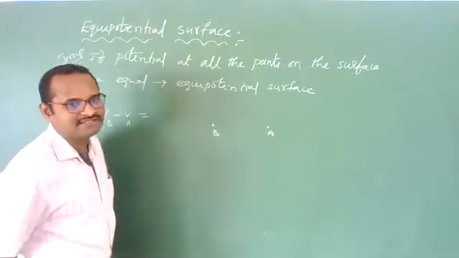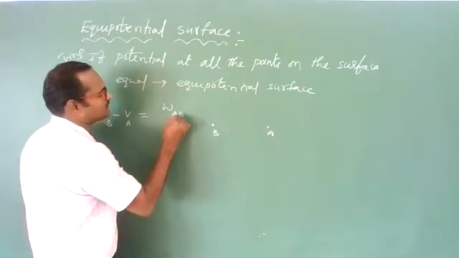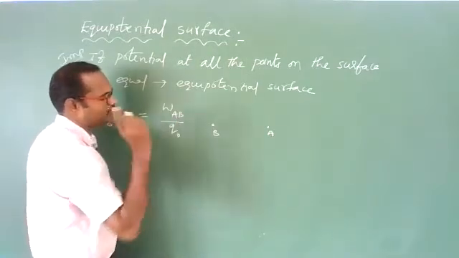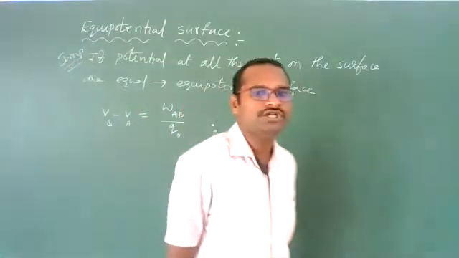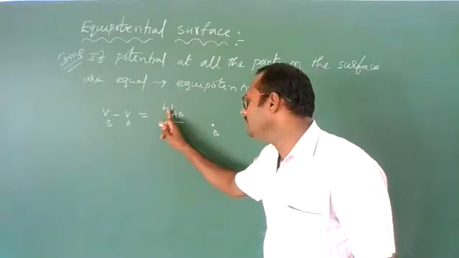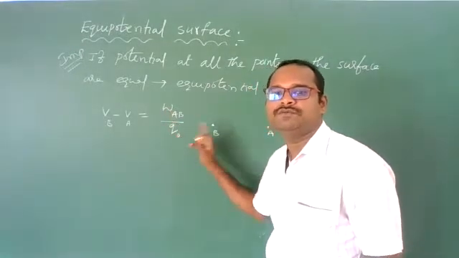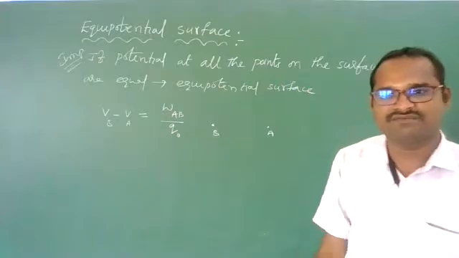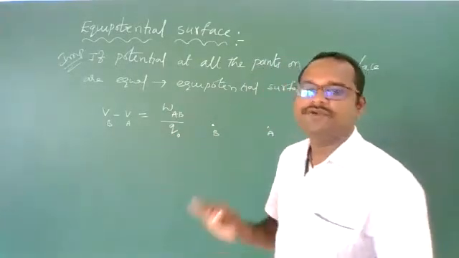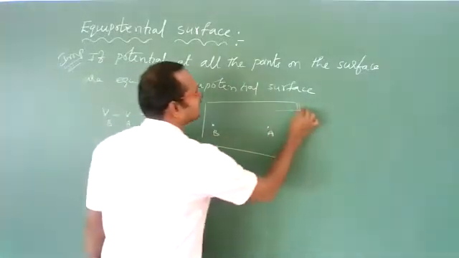This potential difference is defined as the amount of work done in moving a test charge per unit charge from point A to point B. Electrostatic potential difference is equal to work done per unit test charge in moving it from point A to point B. This is called electrostatic potential difference.